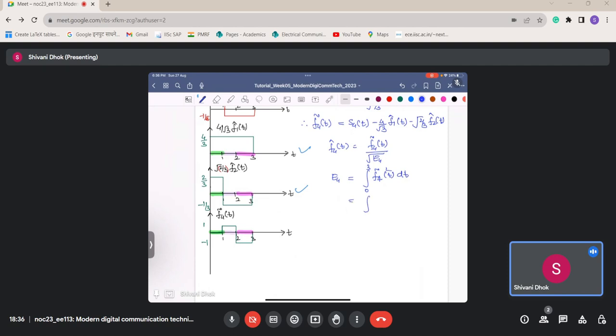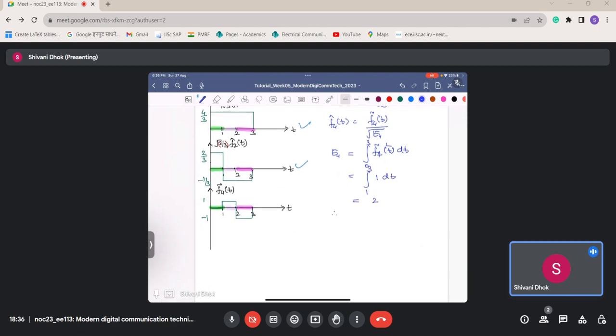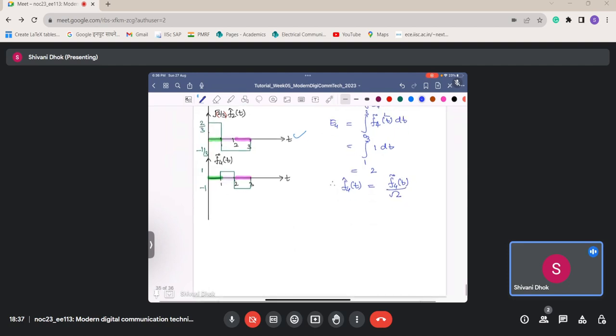Now this is non-zero from 1 to 3 and the square of it will be 1 dt. So this comes out to be 2. So therefore F4 hat of t is simply F4 tilde t upon root 2.